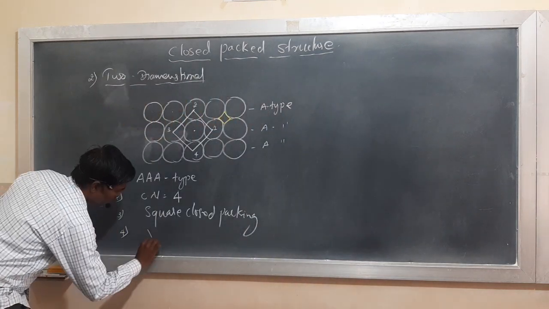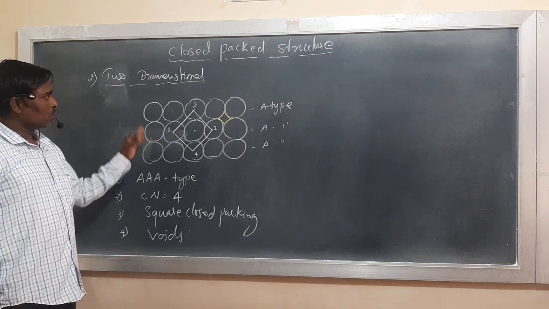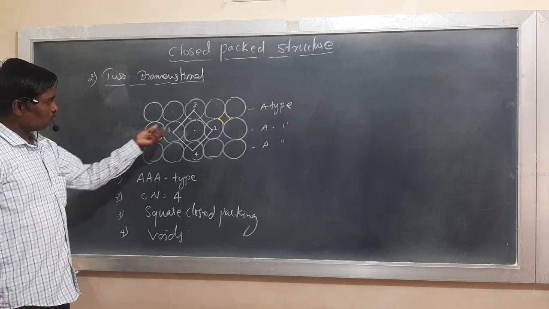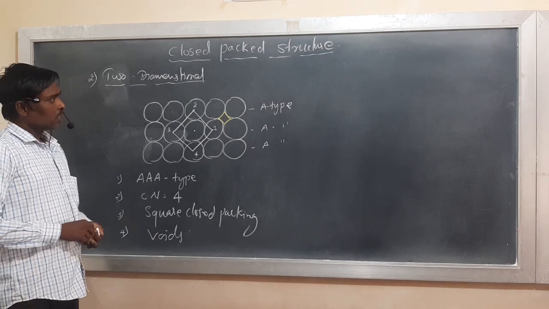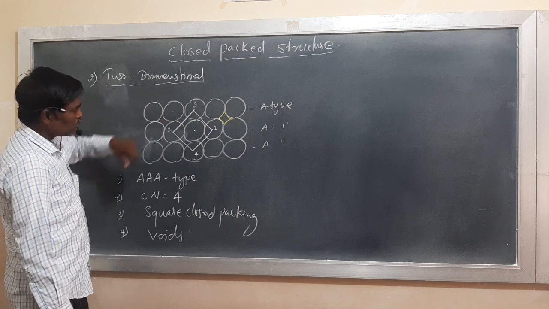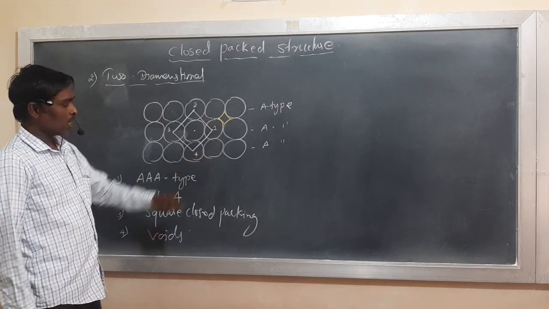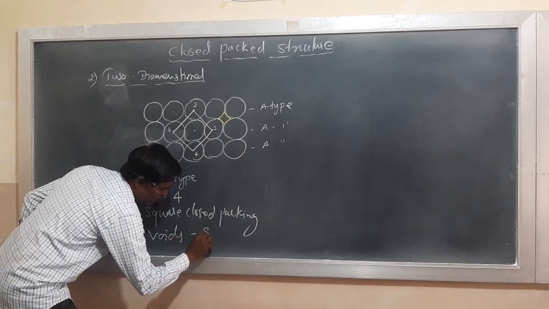So these are the voids, the empty space present between the rows. Observe the shape of this void: it is just like a square. Therefore it contains a square type of voids.